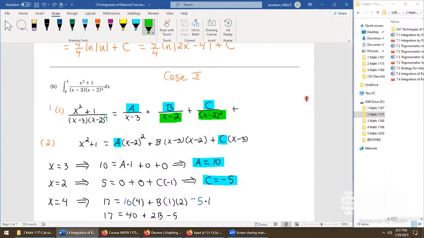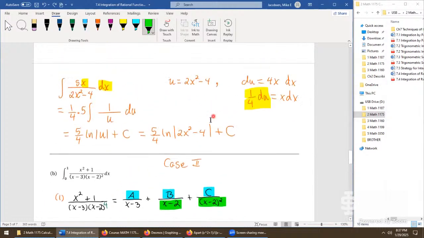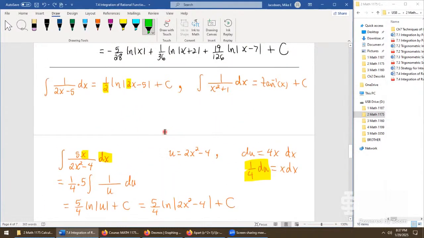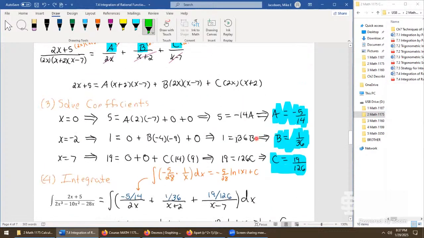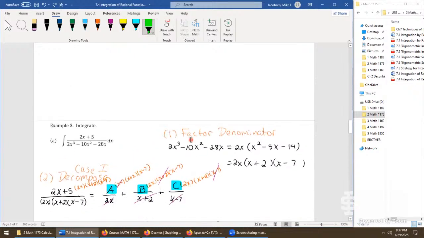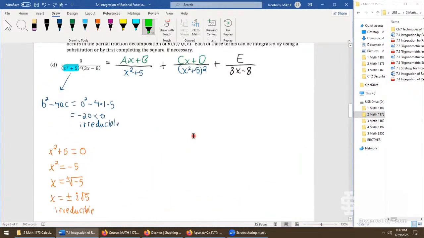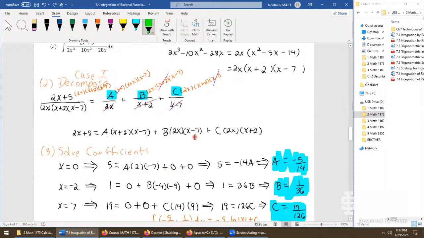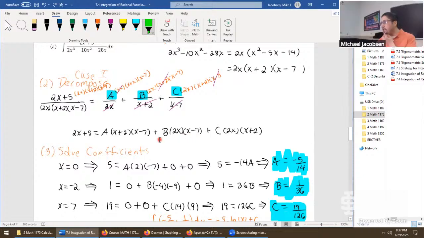A little higher up in orange, there was a side note where it was x squared minus 1. Wouldn't that go to x plus 1 and x minus 1? Gotcha. Let me see here.